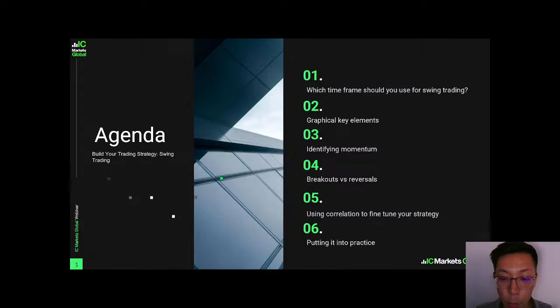And lastly, putting it into practice. Bear with me for a bit. We will go through the agenda from 1 to 5, which is more of the slides, and then the last part, part 6, we will go into TradingView to show you how you can actually use this swing trading strategy for any pair.